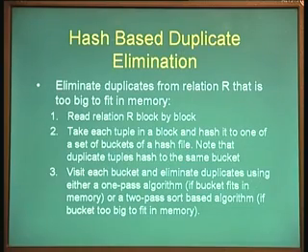Given a relation R which contains duplicate tuples, and of course which is too big to fit in memory, read the relation block by block, or m blocks by m blocks, and take each tuple in the blocks that are read and hash it to a set of buckets of a hash file.